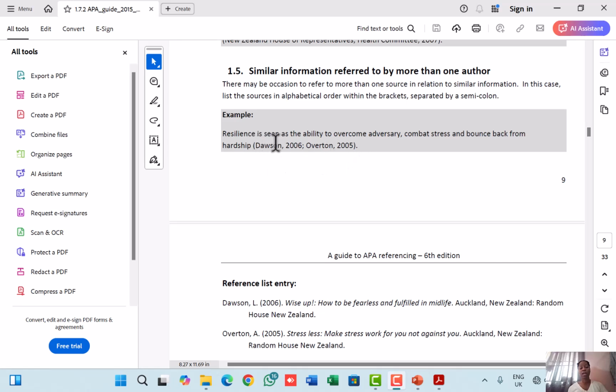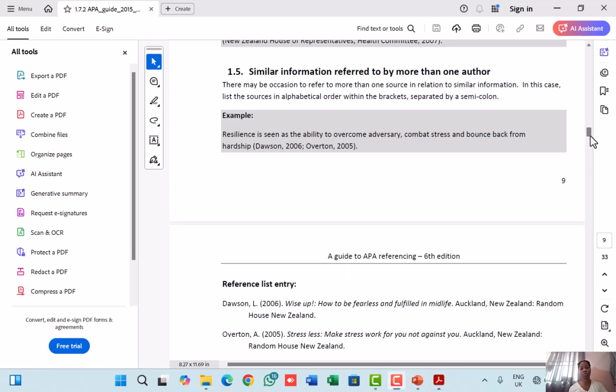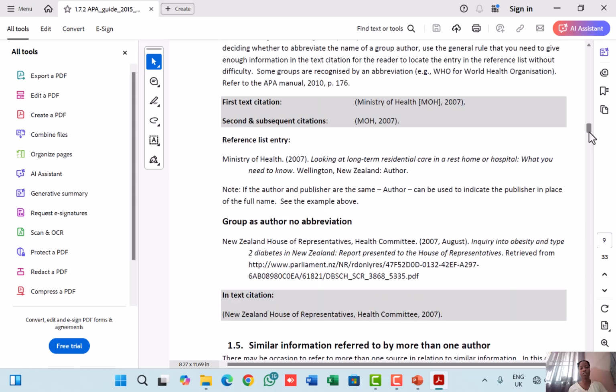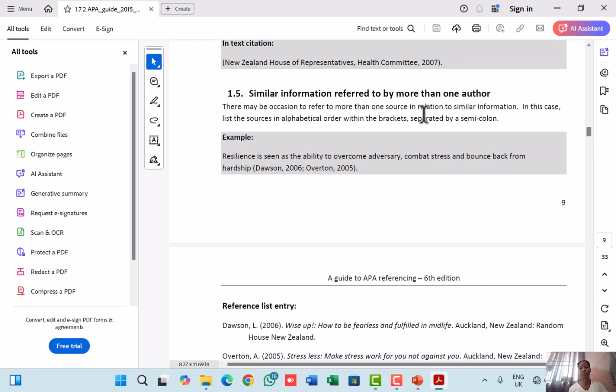So this is how you're going to cite for two people who have the same information. Last name of the first author, then the year he published. Use this symbol here, a semicolon, and then Overton, 2005. This is how you cite for two different authors who have the same information. And in the reference list, you're going to put them in alphabetical order also.